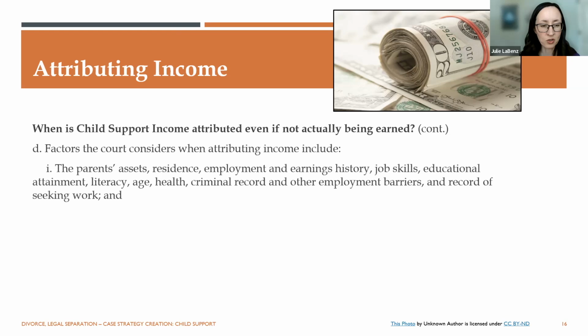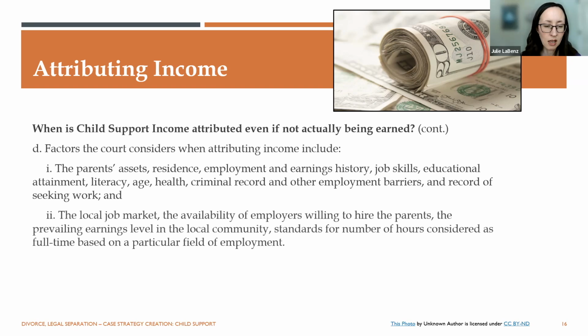So these are the factors a court considers if it's going to attribute income. It's going to look at the parent's assets, residence, employment and earning history, job skills, educational attainment, literacy, age, health, criminal record, and other employment barriers, and record of seeking work, along with the job market.